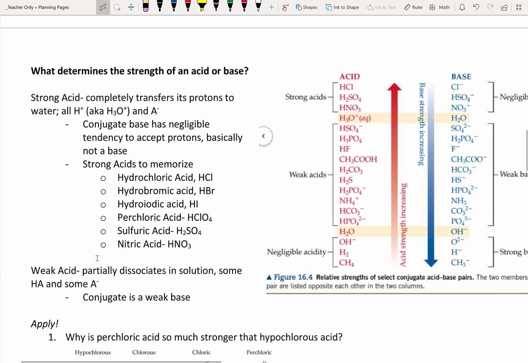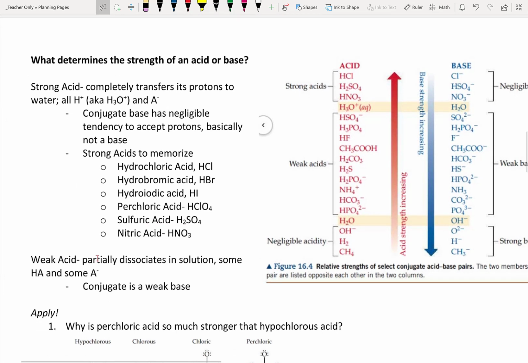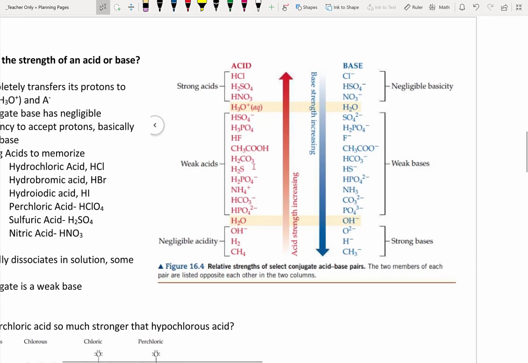Okay. Now, a weak acid, most acids are weak acids. They partially dissociate in solution. And the conjugate base of a weak acid is a weak base. Okay. And you can kind of see that relationship over here. If we have a strong acid, it's going to be a very poor base.